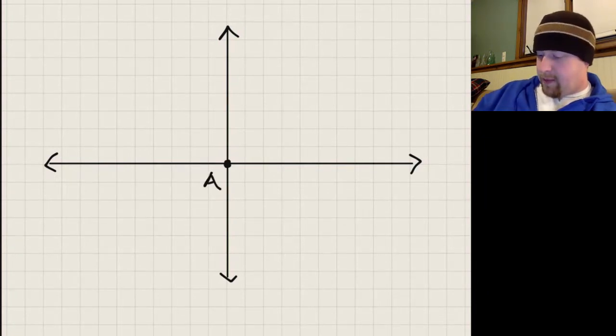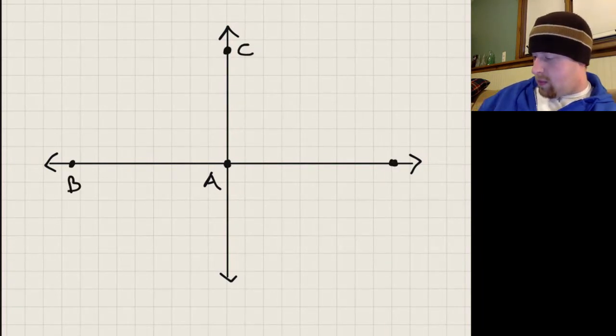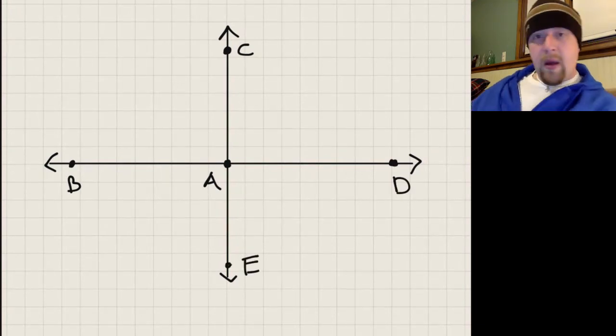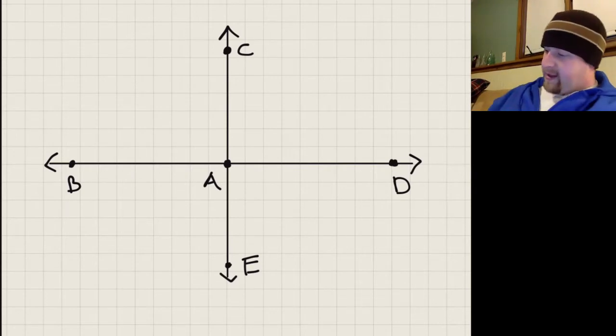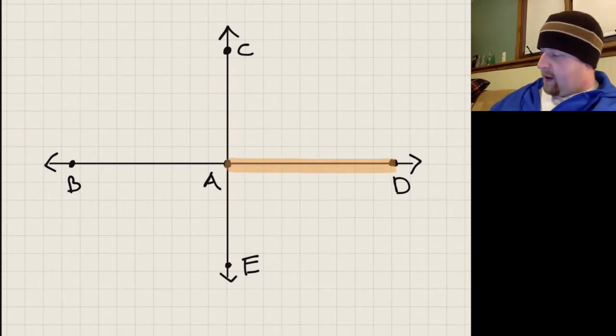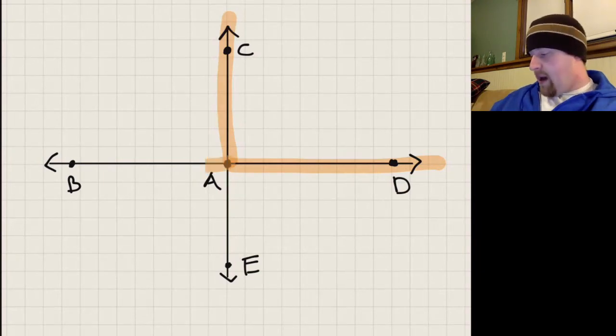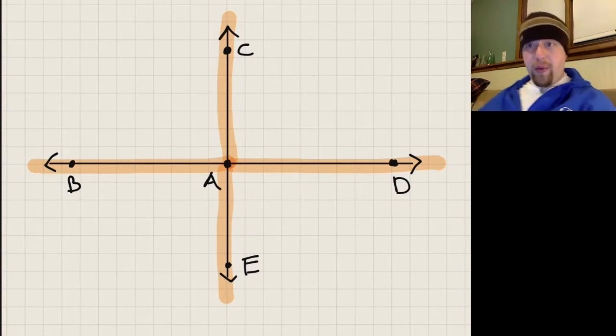We're going to name them, and this is kind of review. I have a ray here, a ray there, a ray there, and a ray there. So I have 4 rays.